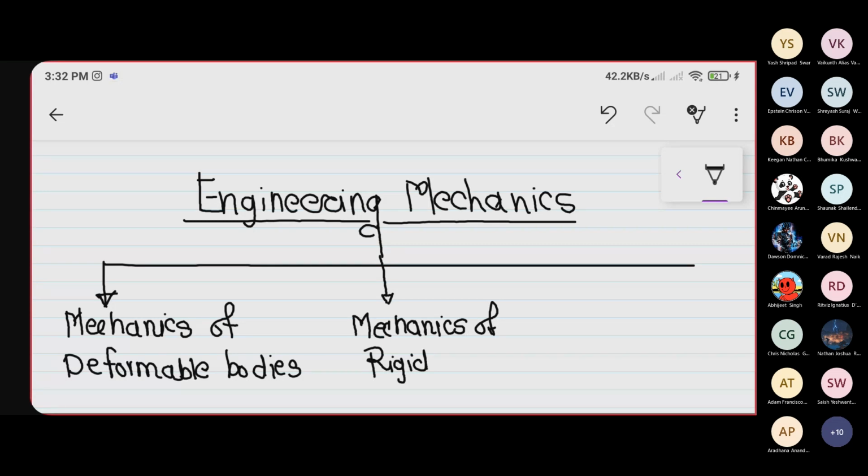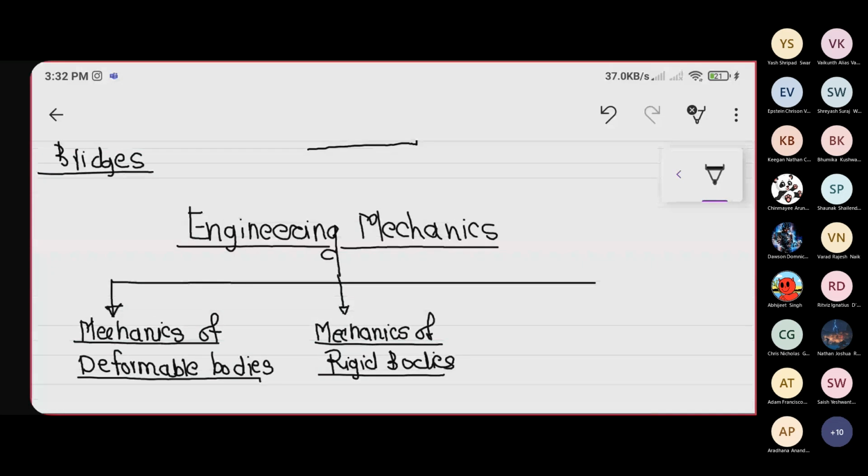So engineering mechanics we can classify into three parts: mechanics of deformable bodies, mechanics of rigid bodies, and mechanics of fluid.